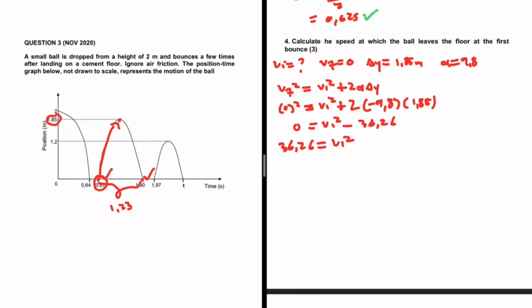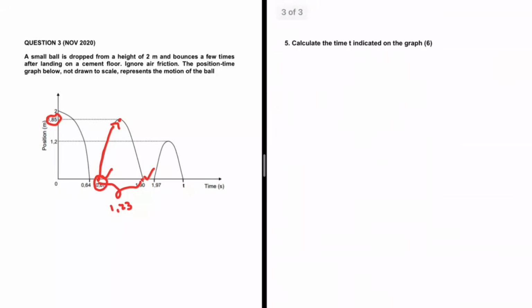If I do that, I am getting 6.02 meters per second being equals to VI. The question says the speed, so we don't have to indicate the direction. That is all that we need to indicate. So there we go. That is question 4. Let's go ahead and do question 5.